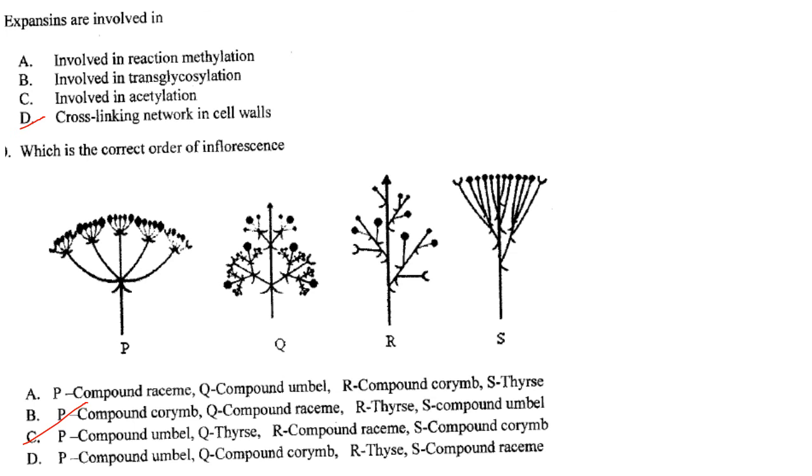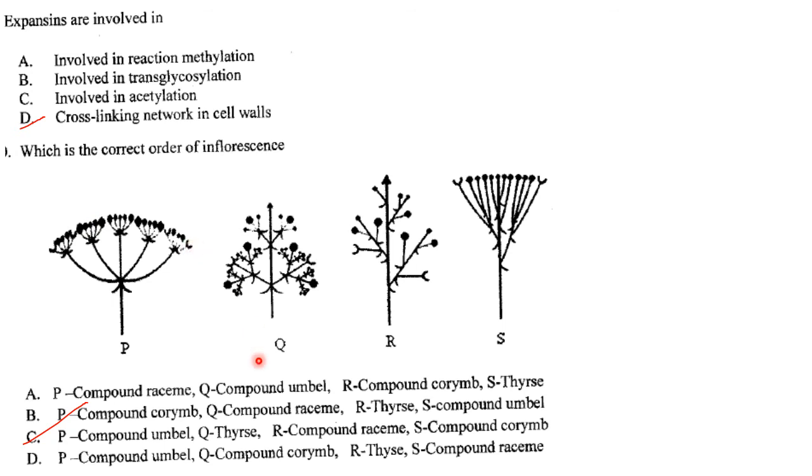So in the case of umbel inflorescence, all the umbel inflorescences arise from a common point. This is the common point and it ends up in an umbel inflorescence. See, like this. And these are all individual umbel inflorescences, and this is the compound umbel.